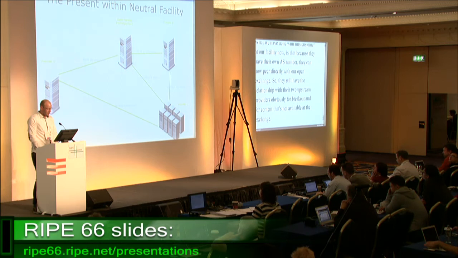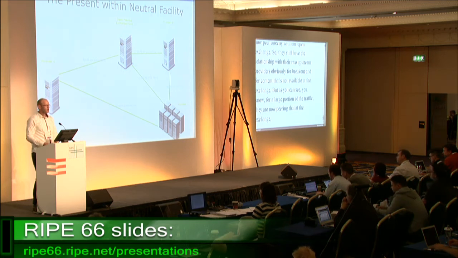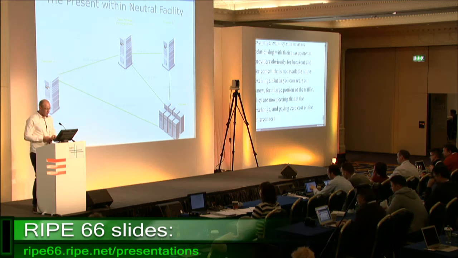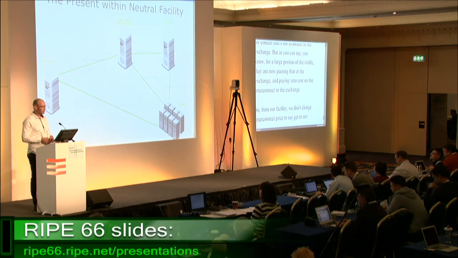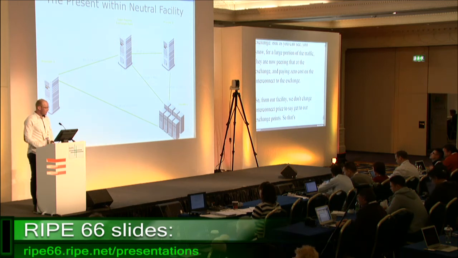But for a large portion of their traffic, they're now peering at the exchange, and paying zero cost on the interconnect to the exchange. From our facility, we don't charge interconnect prices to get to our exchange points. So that's all zero rated.